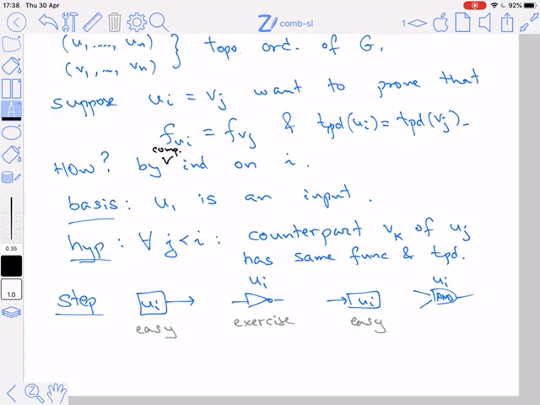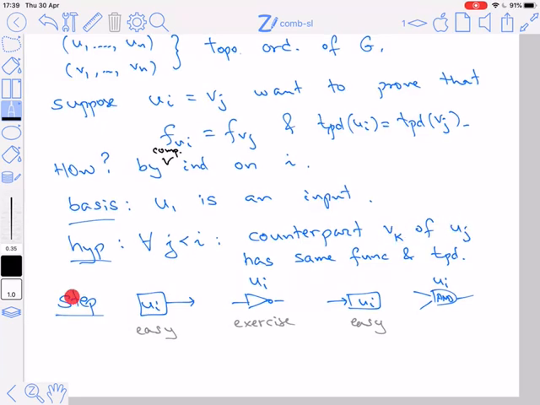The induction hypothesis will say, well, you get these equalities for every j less than i. Namely, if I look at uj, where j is less than i, and I look at its counterpart, vk, which appears here in the second list, then the algorithm assigns the same functionality and propagation delays to vk and to uj.